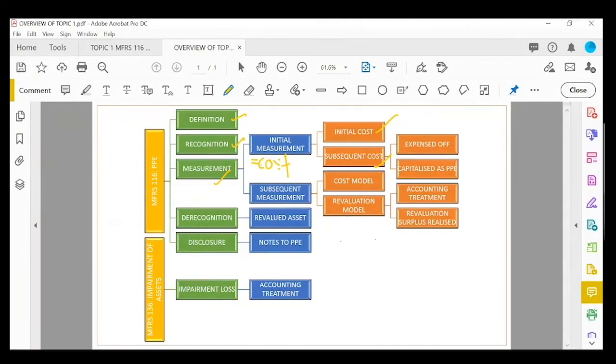For the initial cost, you have learned to identify which costs we should include as part of initial cost, so you have to carefully decide. For example, in the tutorial question, we have a question where they give you the initial cost of land and the initial cost of factory, but then the question only asks you for the initial cost of the factory. There are some of you who try to include everything.